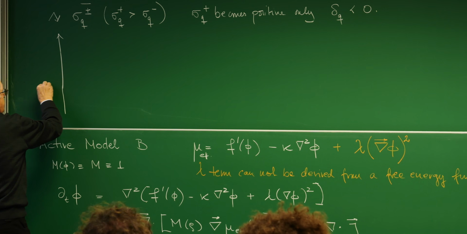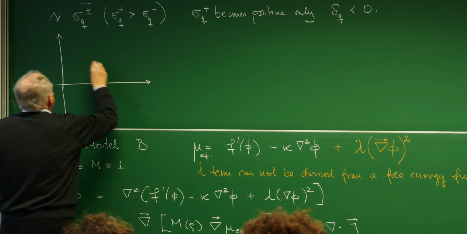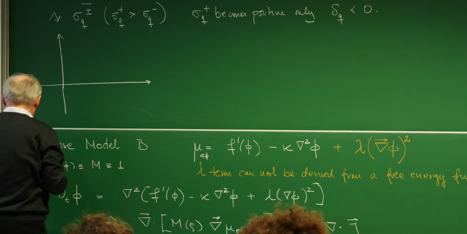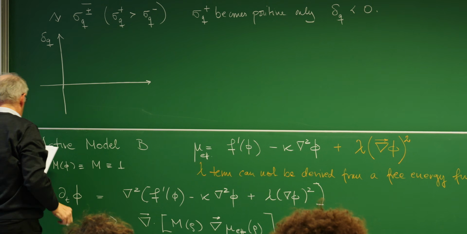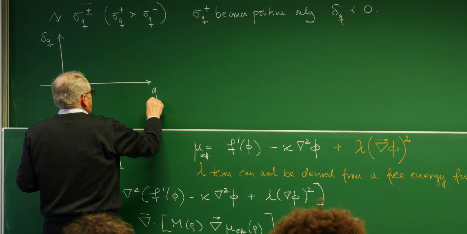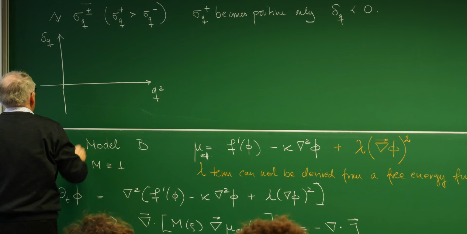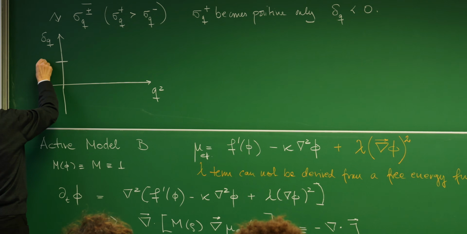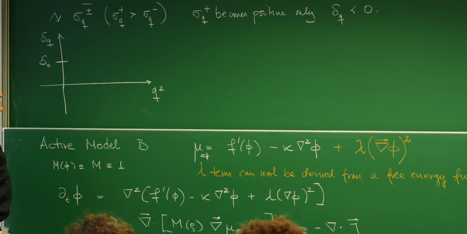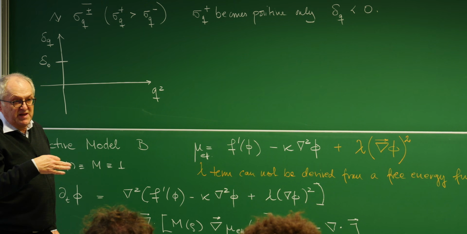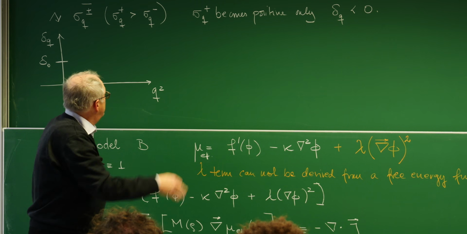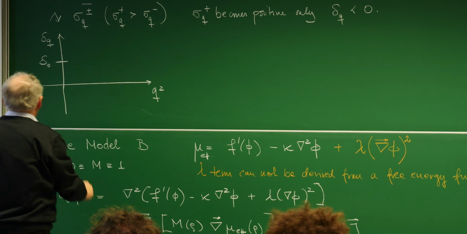So when you draw the dispersion relation, or let me just draw the determinant delta of Q as a function of Q squared, then this will start from some delta 0 being the one for Q equal to 0. That needs to be positive by assumption here on the right-hand side.